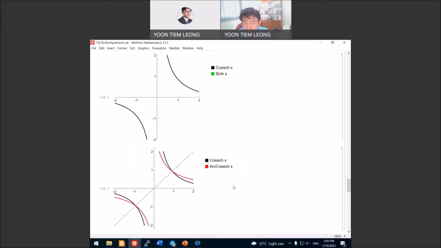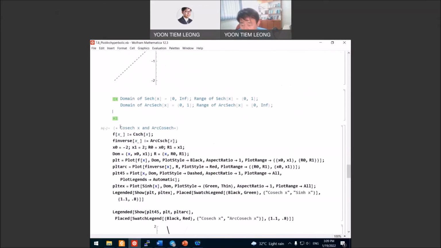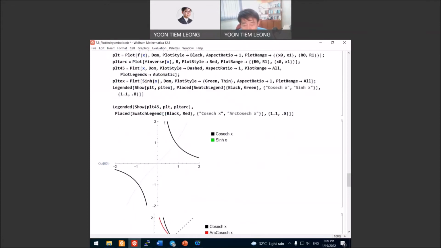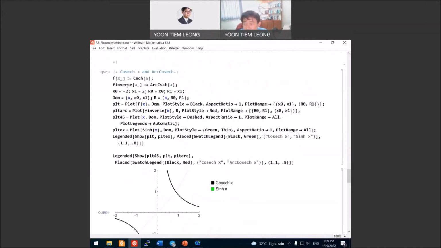You can do the same thing for cosecant and arccosecant. So here is the hyperbolic cosecant function, which is sometimes written as csch in Mathematica.